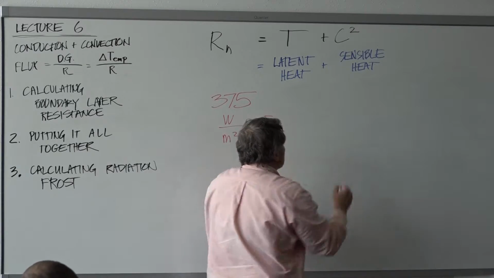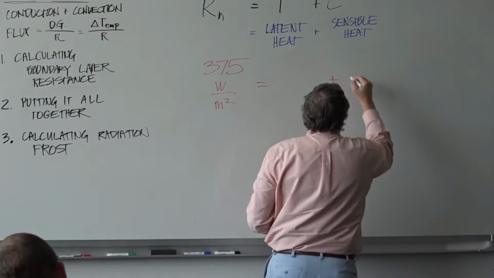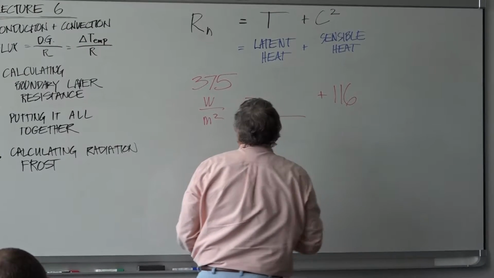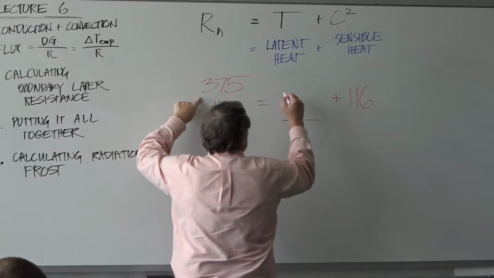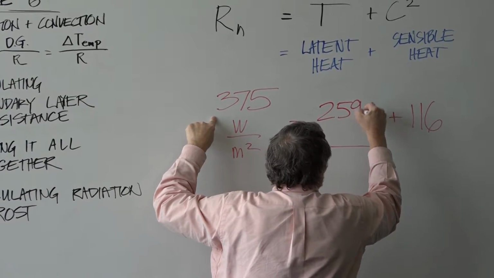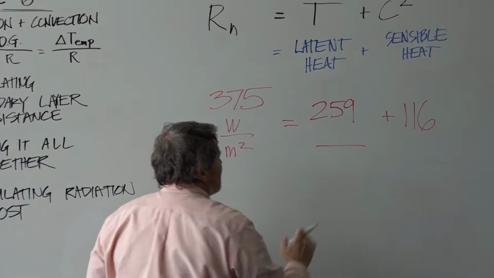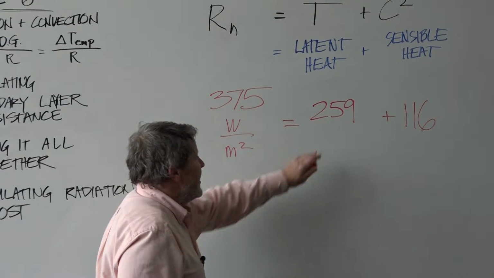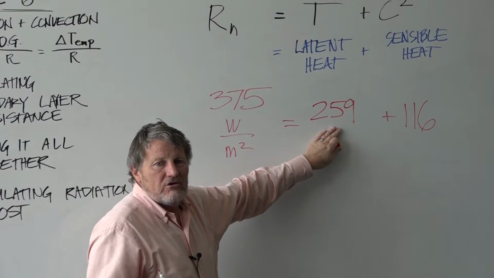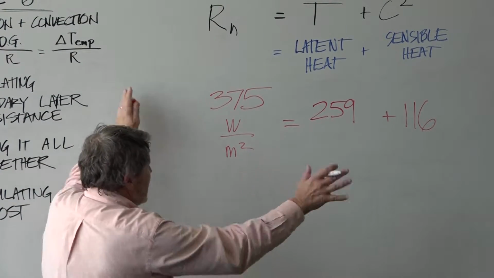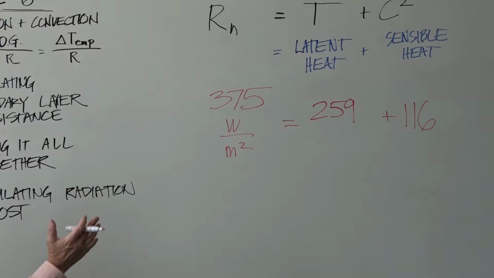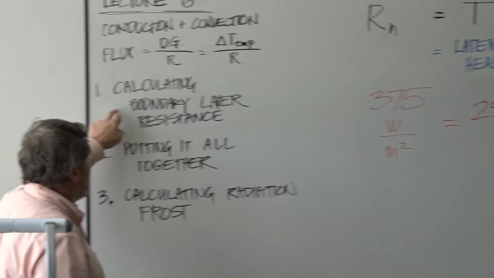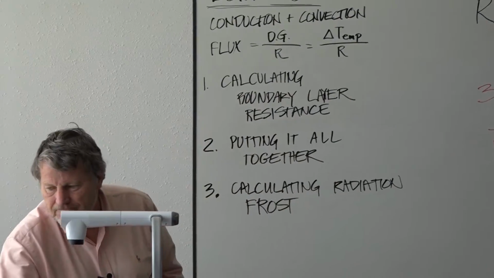We're trying to solve for this. 116. So it's pretty easy arithmetic now. 375 minus 116, what would this be, 259? I think that balances the equation. So this would have to open its stomates and evaporate 259 watts per meter squared to balance this, assuming there's no storage and all the other stuff. So that's an example of balancing this after we've put the numbers in for conduction and convection.